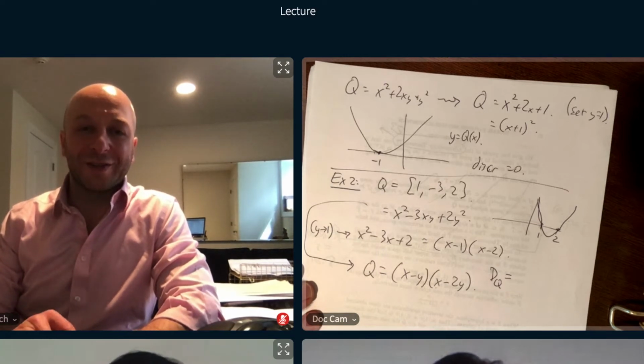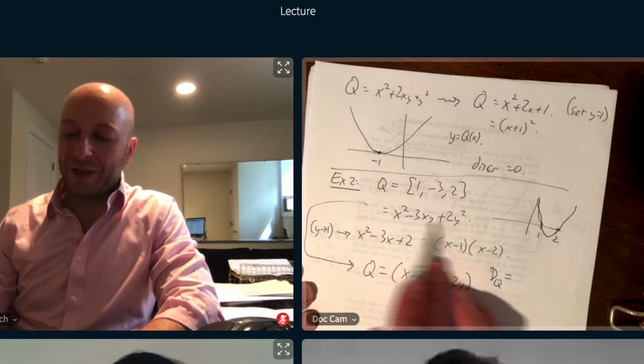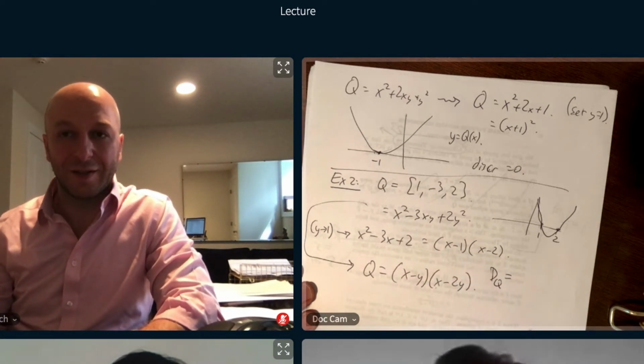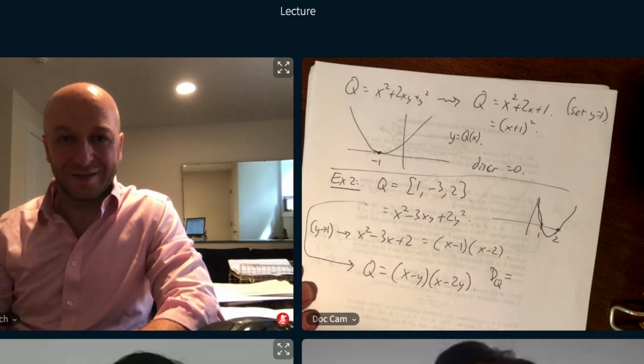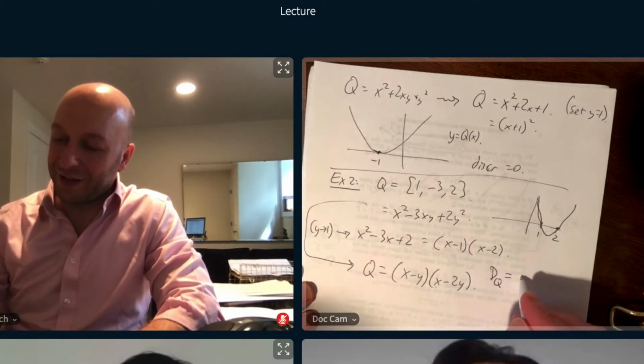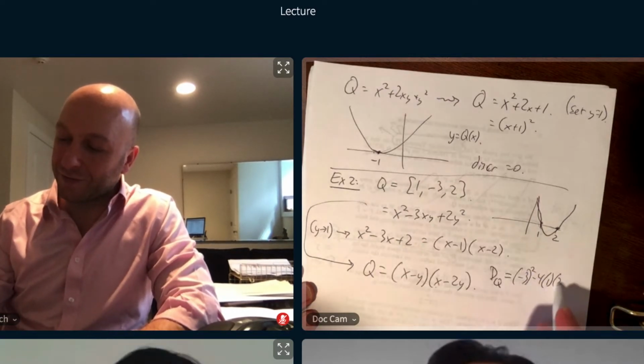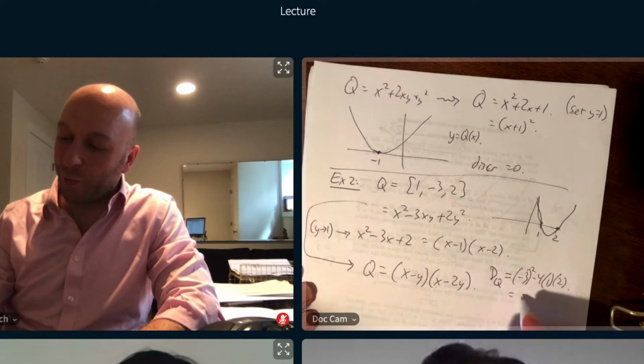You're very close, Devendra. Did you guys work out the discriminant of this thing? What's the discriminant? One, right? 9. So this is negative 3 squared minus 4a, where a is 1 and c is 2. 9 minus 8 is 1.